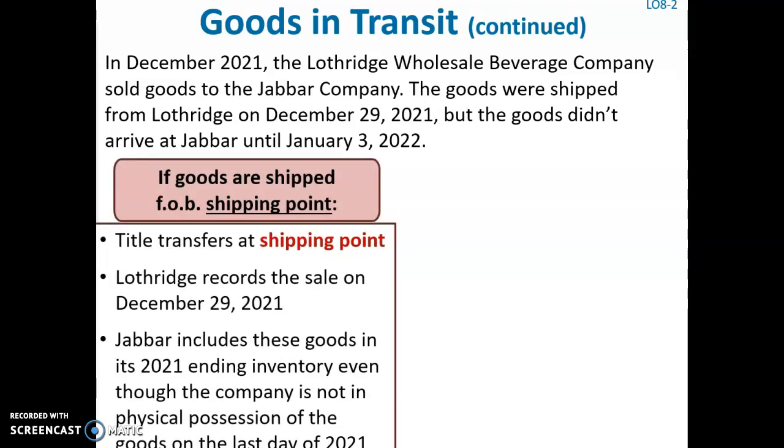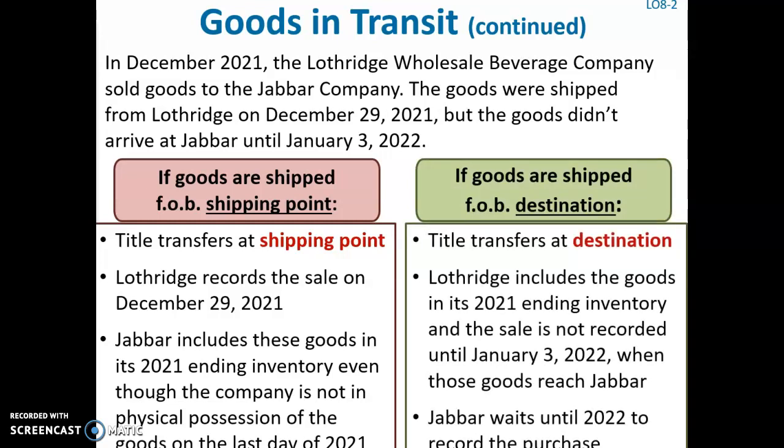If the goods are shipped FOB shipping point, title to those goods transfers to the buyer, to Jabbar, at the shipping point. Lothridge records the sale on December 29, 2021, and Jabbar includes these goods in its 2021 ending inventory, even though the company is not in physical possession of the goods on the last day of 2021.